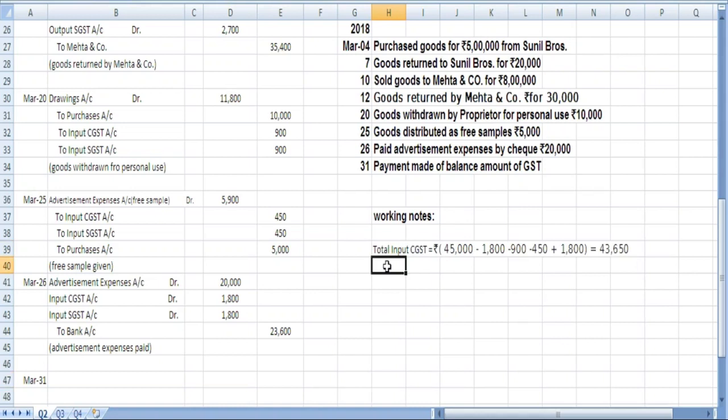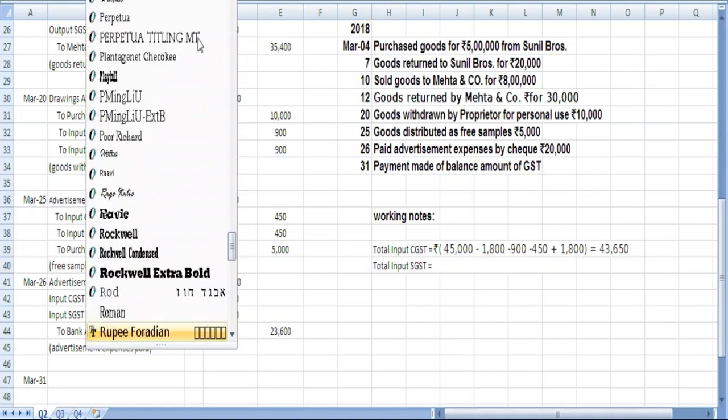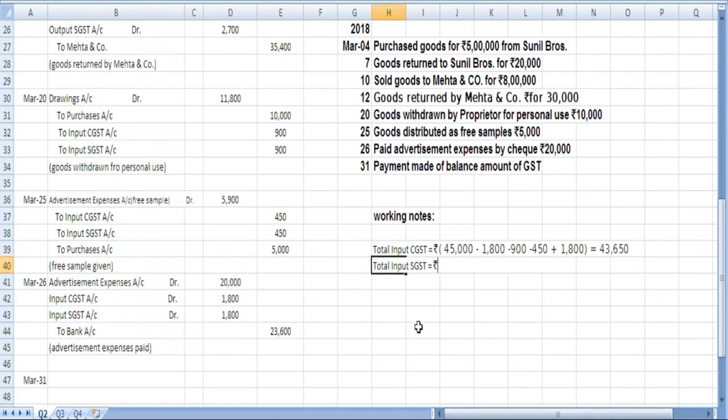Now in the similar way we will find out the total of input SGST. The figures will be the same. 45,000 minus 1800 minus 900 minus 450 plus 1800.